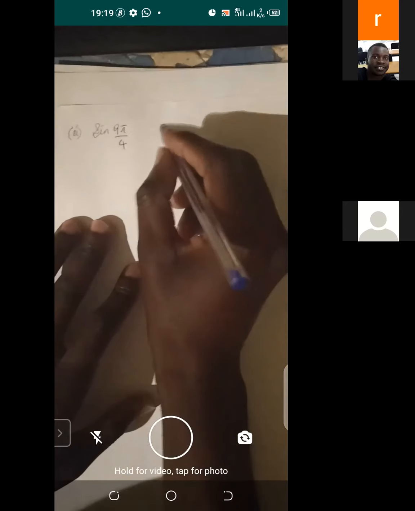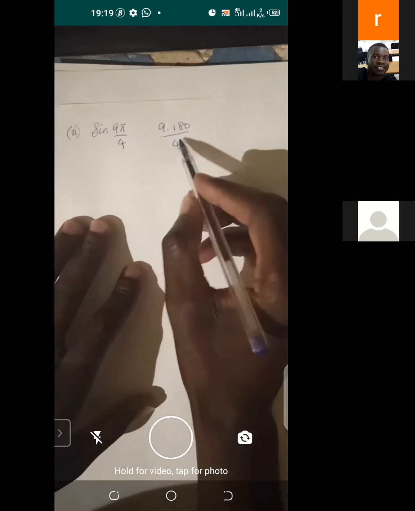Okay, so how do we go about that one? In the same way, we can just convert this one to degree measure. So you have 9 by 180 there, divided by 4. What do we get here?